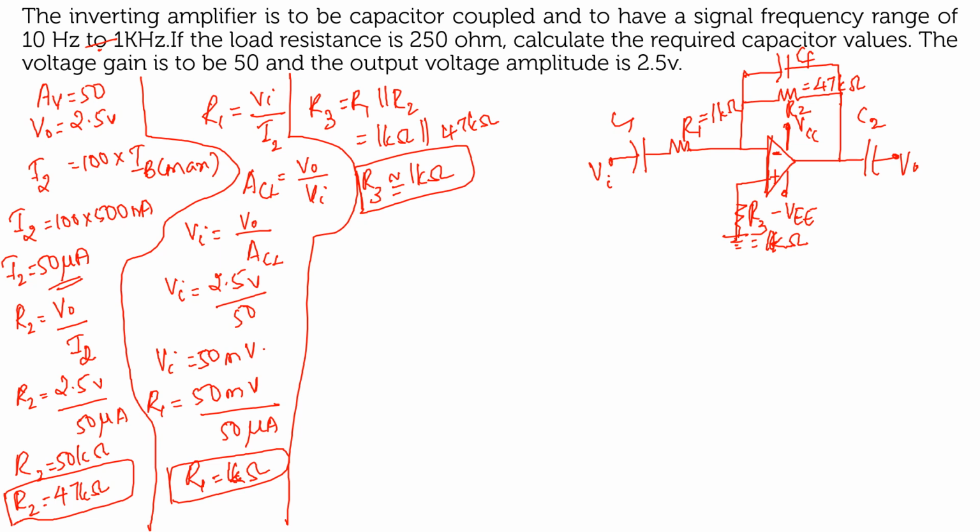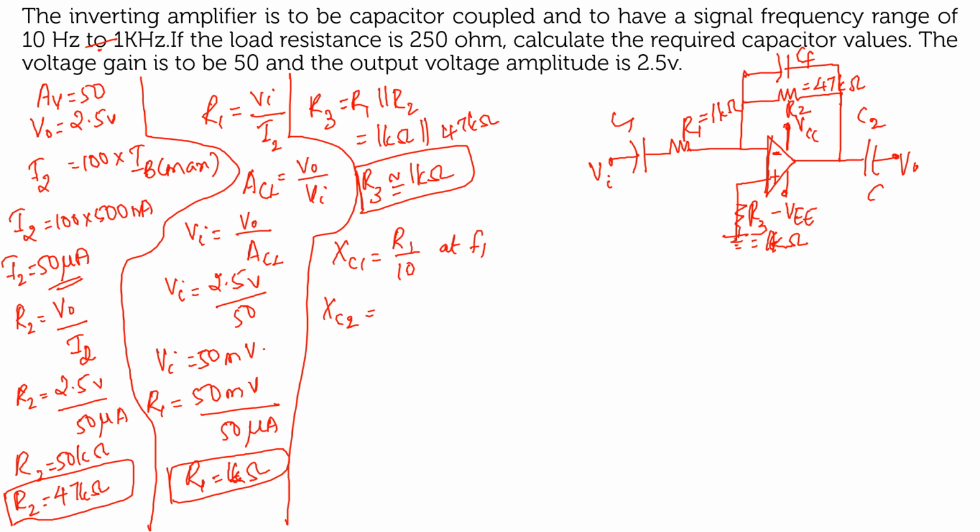Now you have to find out the values for C1, C2 and CF. As per the design of a capacitor coupled inverting amplifier, what is your XC1? XC1 is equal to R1 divided by 10 at F1. What is your XC2?